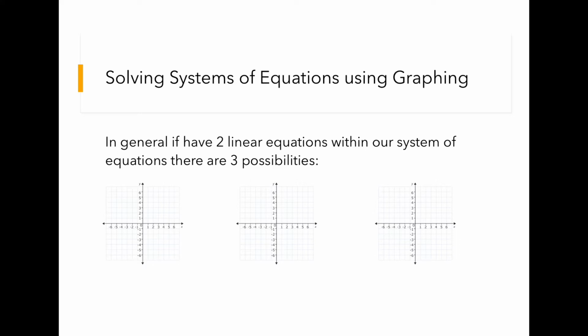Okay, so thinking about this, we have of course been working with linear equations here. There's basically three possibilities if we have two linear equations, and we can look at these from a graphing standpoint, which is why this is the most helpful.